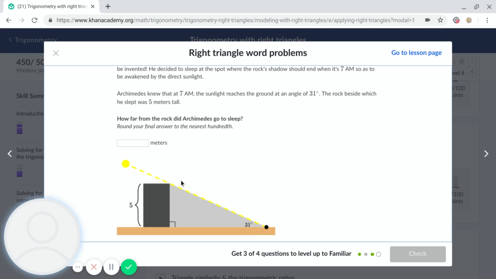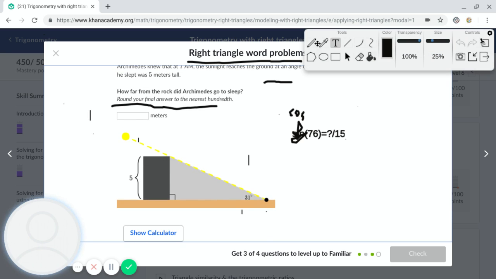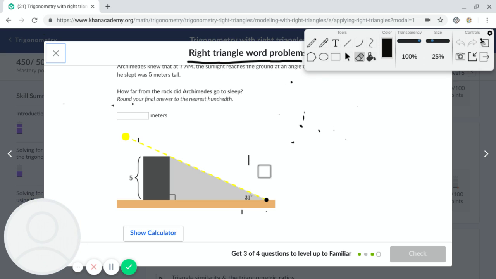And we are looking for this side right here, where the sun will be directly in Archimedes' face. So, to make this easier on the eyes, what we are going to do is just get rid of all this jumbo over here. Oh, come on.